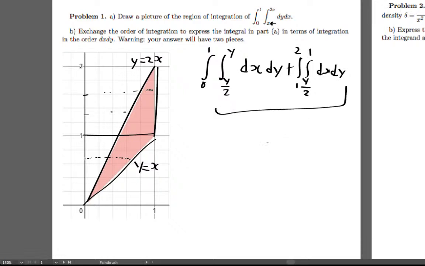It is a pretty simple problem for you to solve. You could just go ahead and evaluate it yourself. What you'll get is, let's see, I believe it's 1. No, I don't think so. It's half. The answer is half.